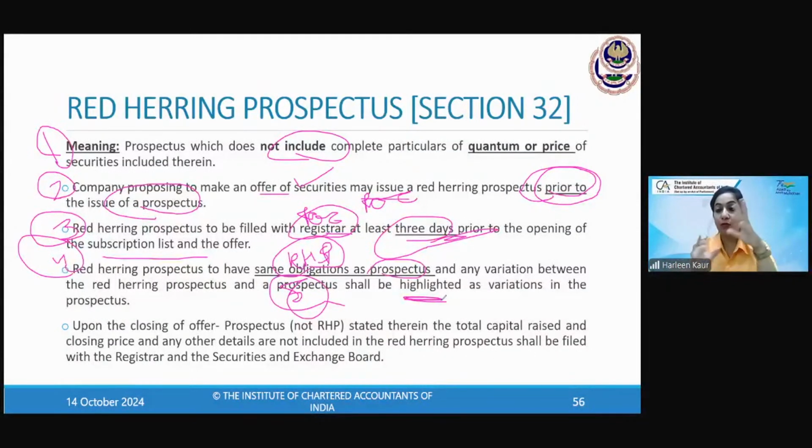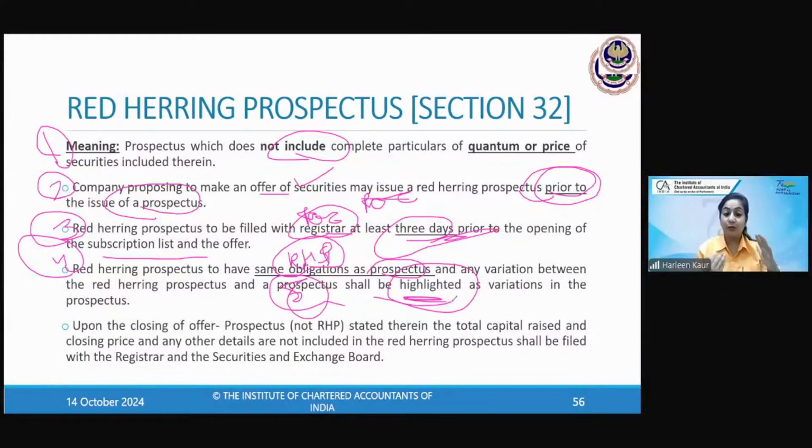You have taken the approval of SEBI, ROC filing, everything has happened. Now, any variations, any changes that have happened between the red herring and the final prospectus shall be highlighted as variations in the prospectus. Whatever changes, whatever variations have happened, now you have determined the closing price. So once you have determined the closing price, the price and quantity are clear. Now it will become the final prospectus.